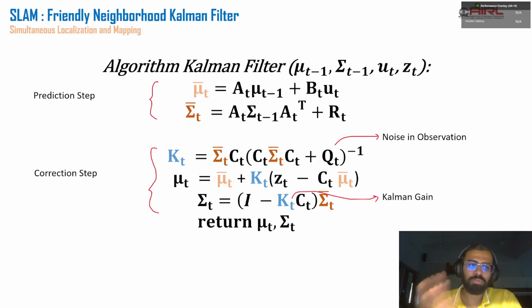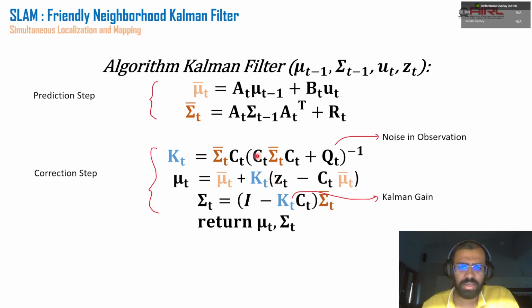Now, skipping to the correction step. The correction step needs to take two things into consideration: my measurement covariance, so noise in my observation, as well as what my measurement is, which is ZT. Now, just to give a bit of intuition on whether this is correct or not, a small experiment you can play is: imagine QT is 0, so you have no noise in observation. It's almost perfect.